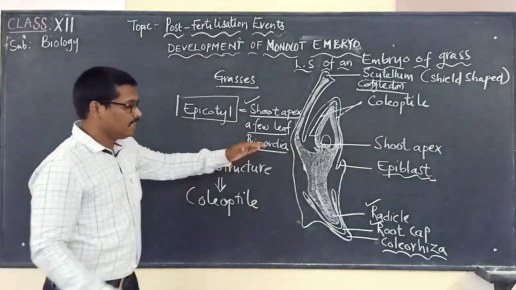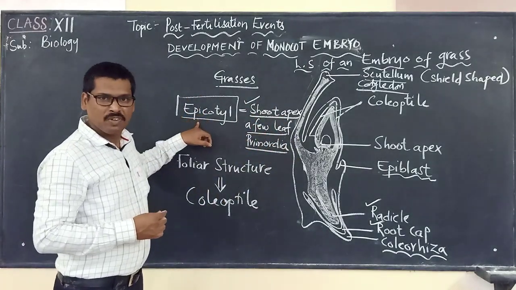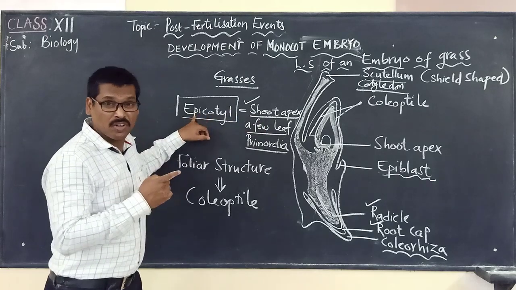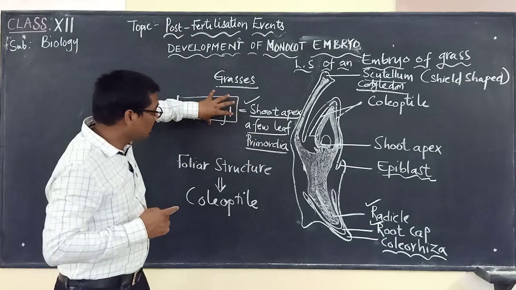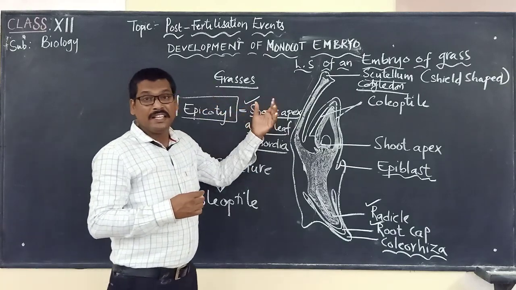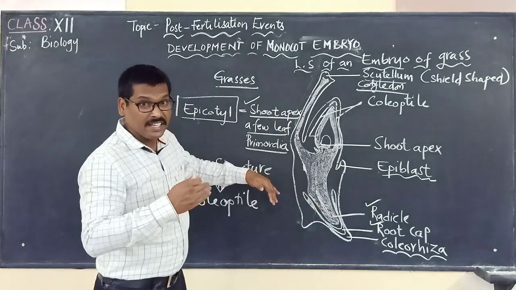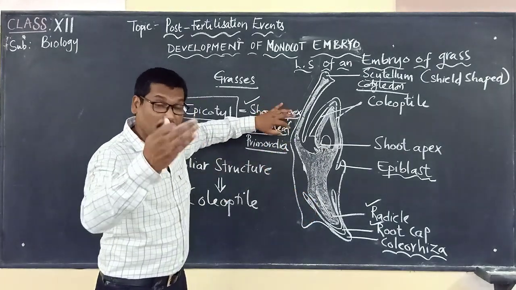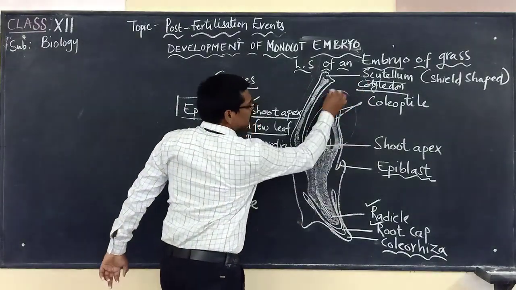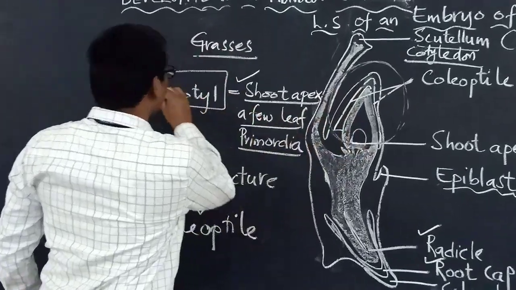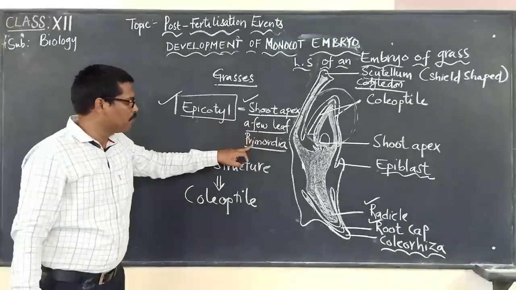So the coleoptile is a foliar structure which is enclosing the epicotyl. What is this epicotyl giving rise to? It gives rise to the shoot apex and a few leaf primordia. The epicotyl is the portion of the embryonal axis present just above the attachment of the scutellum, this whole part, which gives rise to the shoot apex and a few leaf primordia.